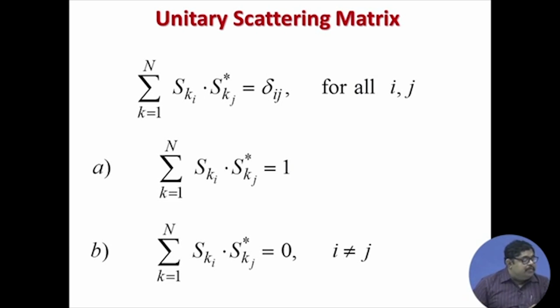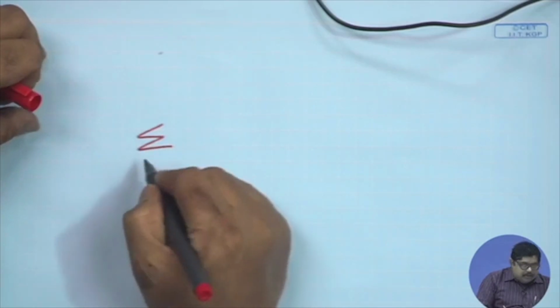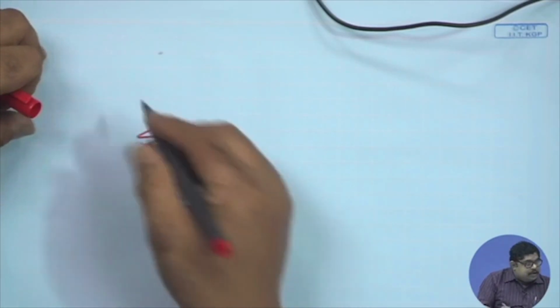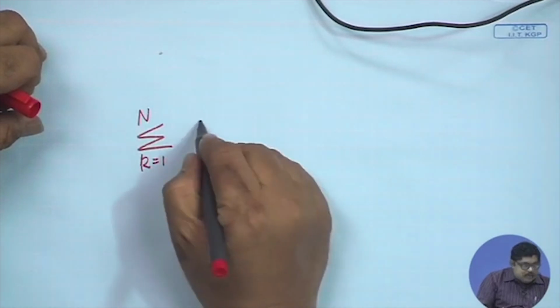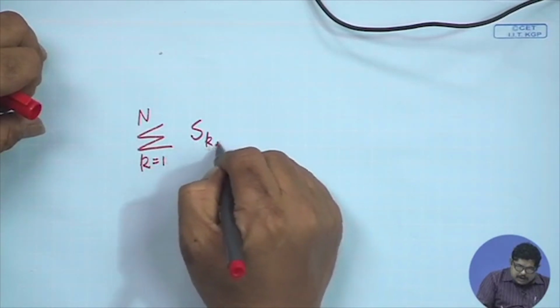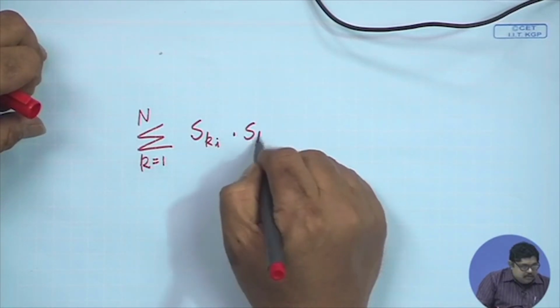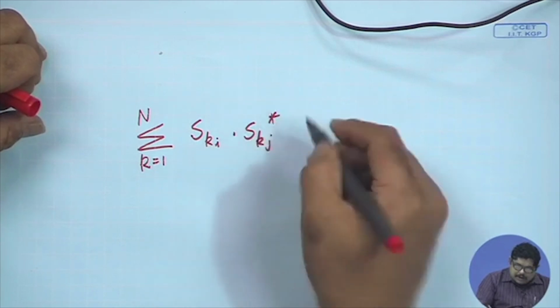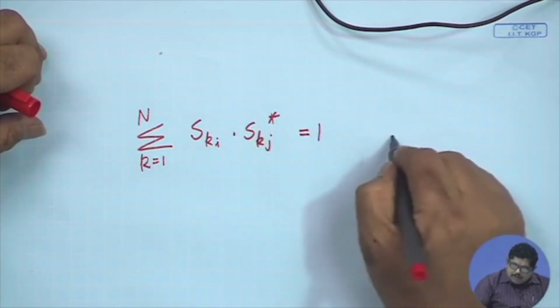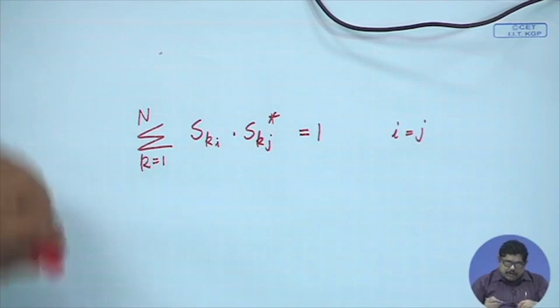So, for a unitary matrix, Ski dot Skj star is equal to 1 for i equal to j. There should be an additional qualification necessary here: Ski dot Skj star is equal to 1 for i equal to j.